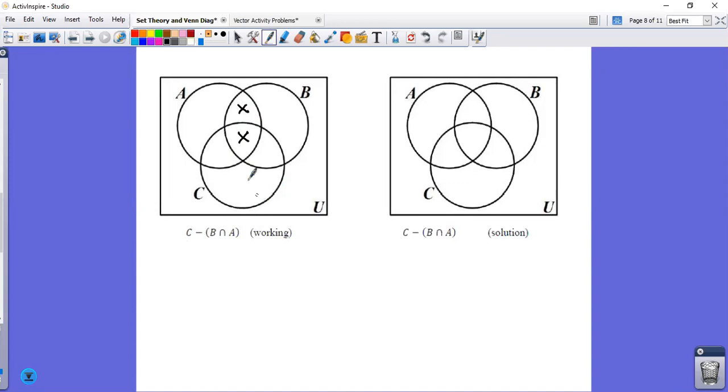So then you're going to take set C and you're coloring everything but what we X'd out. So it ends up being all of that.